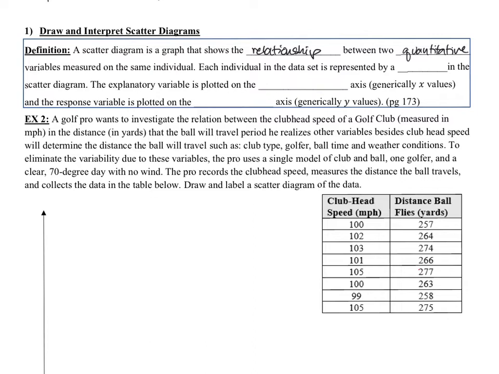Each individual in the dataset is represented by a point in the scatter diagram. The explanatory variable is plotted on the horizontal axis, generically the x values, and the response variable is plotted on the vertical axis, which is generically the y values.